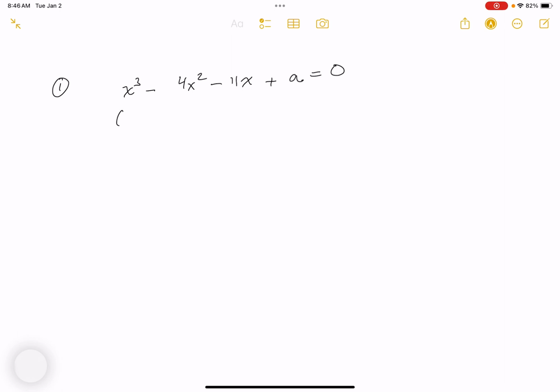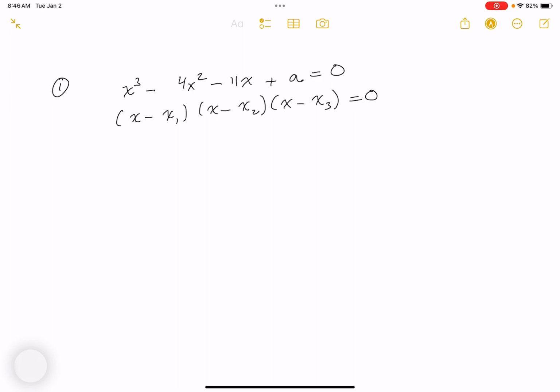What does that mean? That this factors x minus the first root, x minus the second root, and x minus the third root. And that equals 0. Again, if x1, x2, x3 are the roots, these would be the factors: x minus x1, x minus x2, x minus x3.